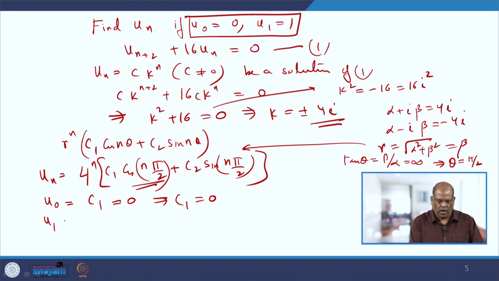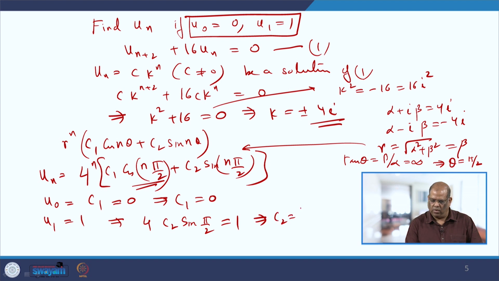And your u1 is equal to 1. So, I put n equal to 1 here. Already C1 is 0, C2 sin pi by 2, and that value is 1. So, this gives your C2 is equal to 1 by 4.